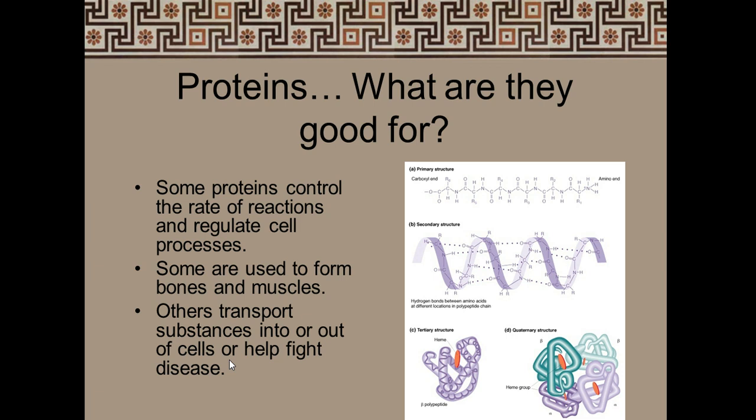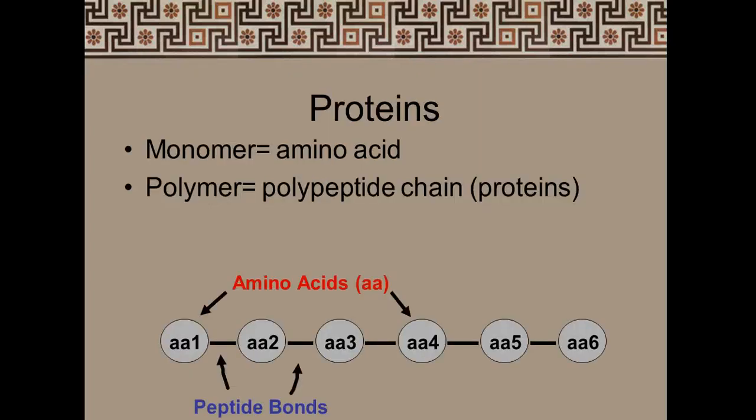Proteins. What are they good for? Some proteins control the rate of reactions and regulate cell processes. Some are used to form bones and muscles. Others transport substances into or out of the cell or help fight disease. And here we have proteins. Proteins make up amino acids.